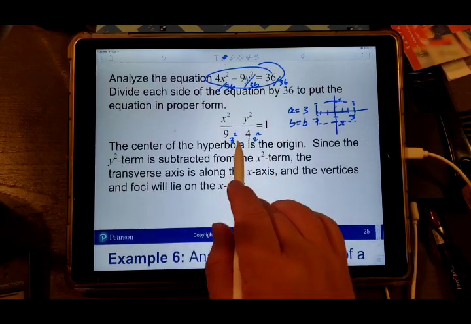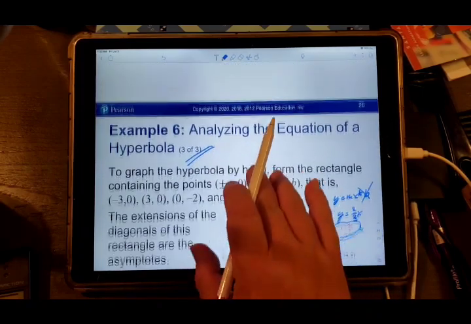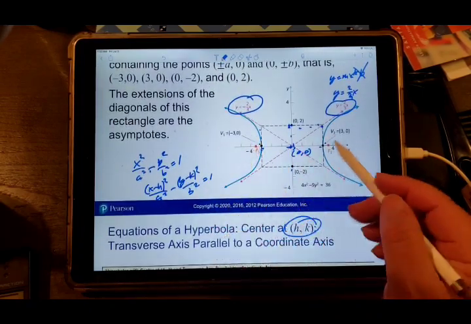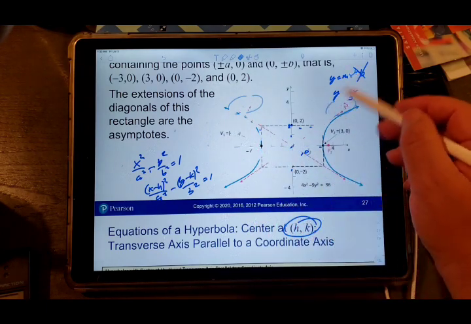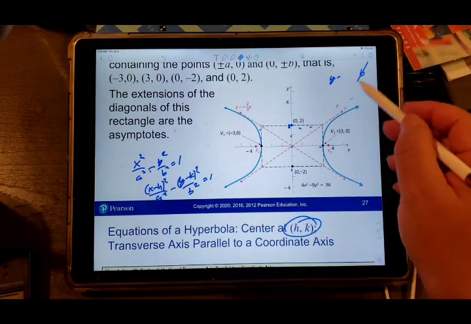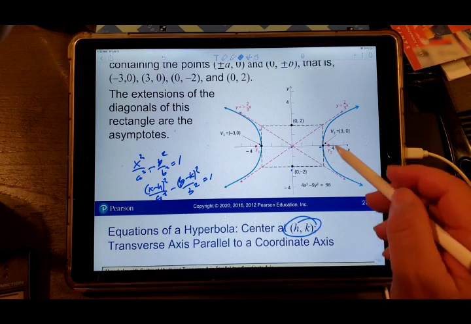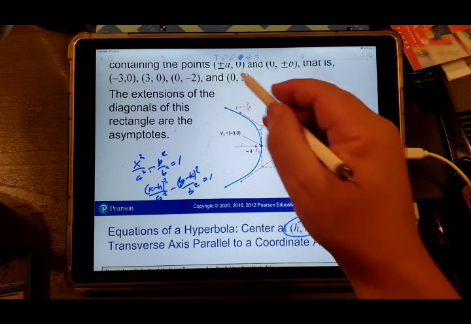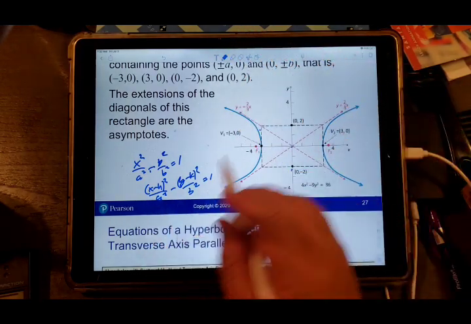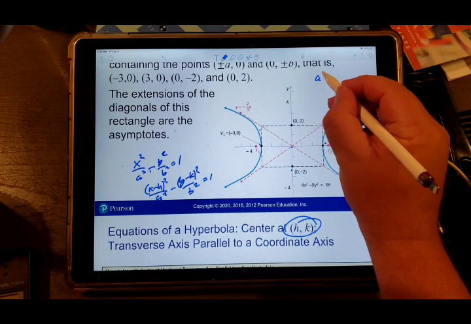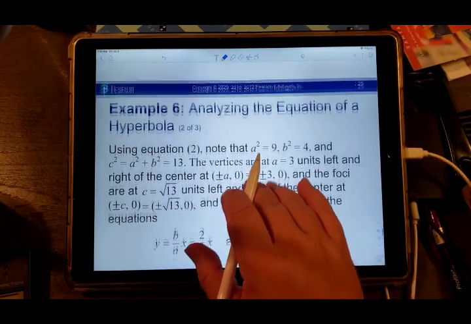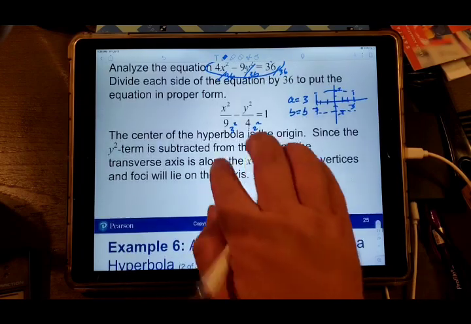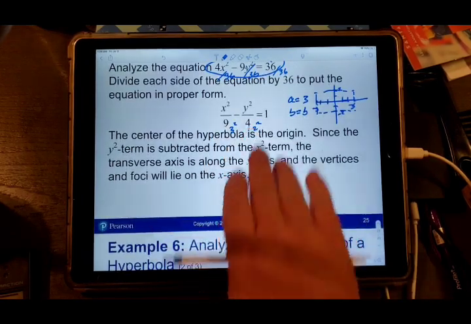All right, so this is the problem. However crudely you sketch this by hand before you pick the multiple choice question, you know that a squared is 9 and b squared is 4.